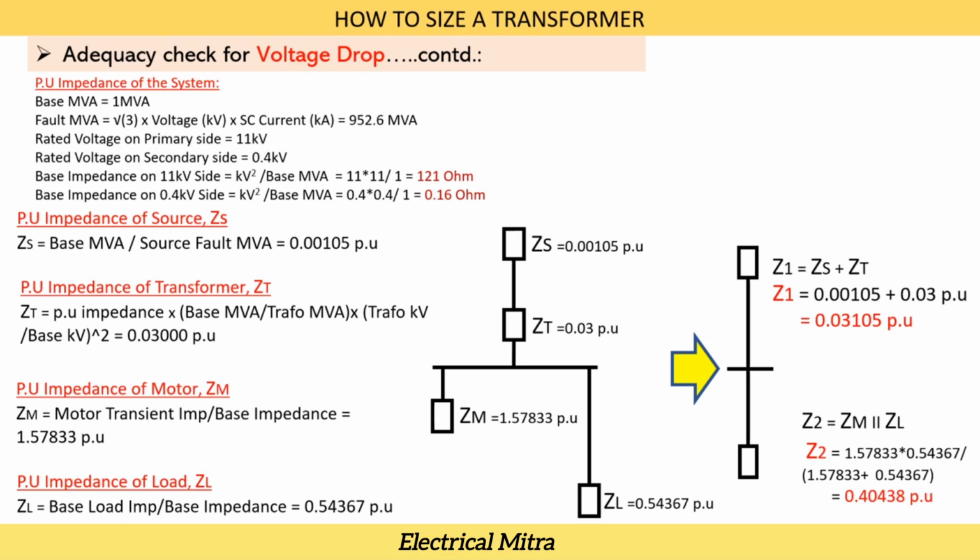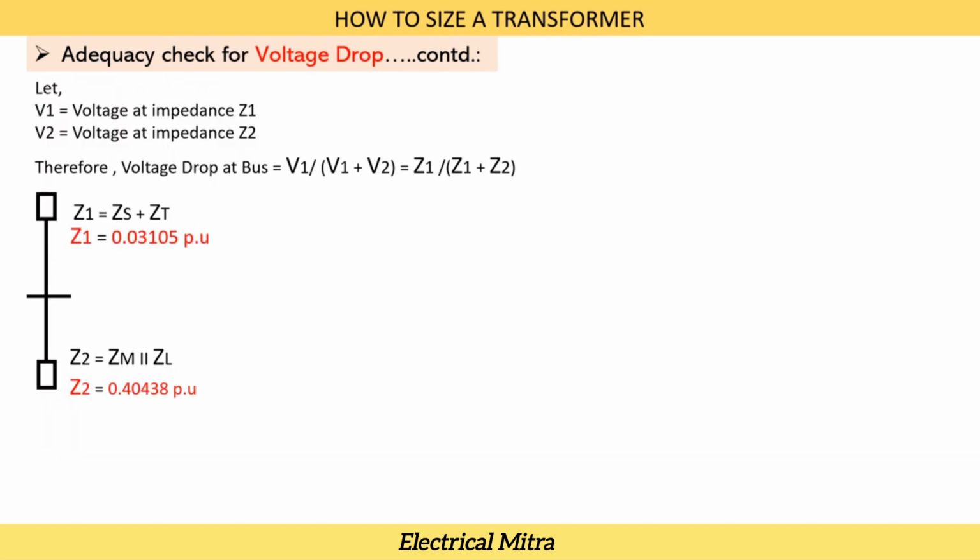Considering Z1 equal to sum of Zs and Zt which are in series, we have Z1 equal to 0.03105 per unit and Z2 as sum of Zm and ZL which are in parallel, we have Z2 equal to 0.40438 per unit. Let us now consider V1 is equal to voltage at impedance Z1 and V2 is equal to voltage at impedance Z2.